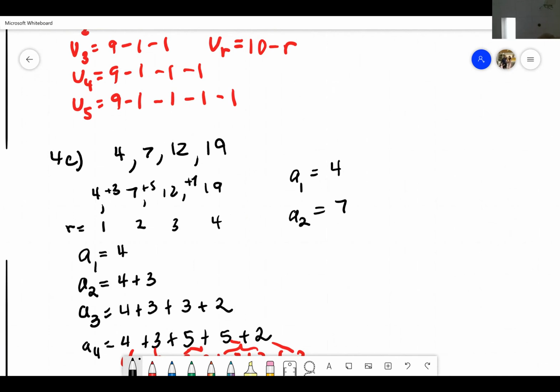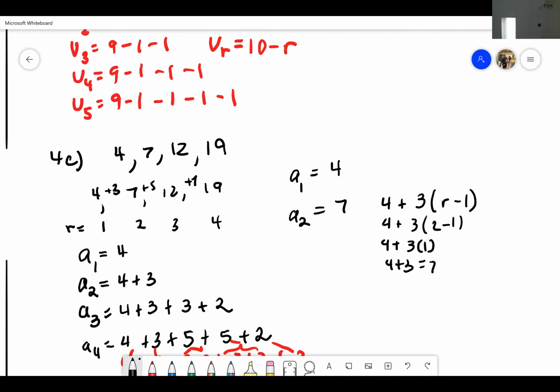So I might say, okay, what if I take 4 plus 3, but I can only have it happen once, right? So this r here, something over here with the r has to be happening just once, right? So you would put r minus 1, right? So you go, okay, does that work? 4 plus 3 times 2 minus 1, 4 plus 3 times 1, that's 4 plus 3, which is 7.